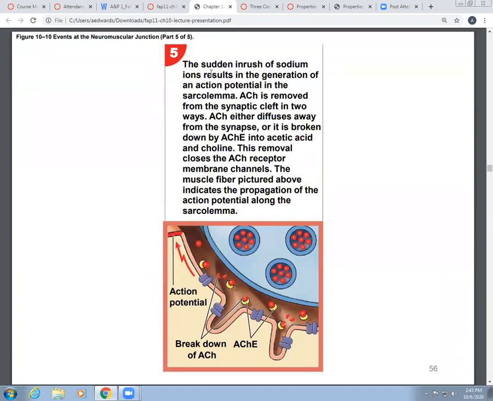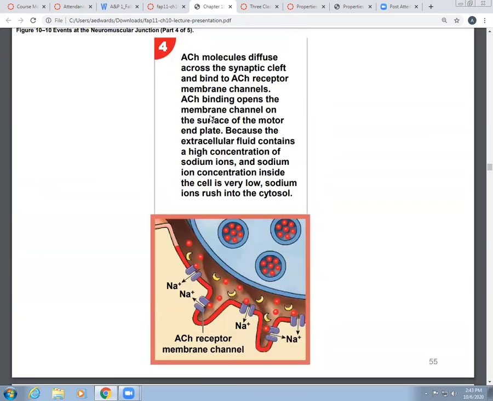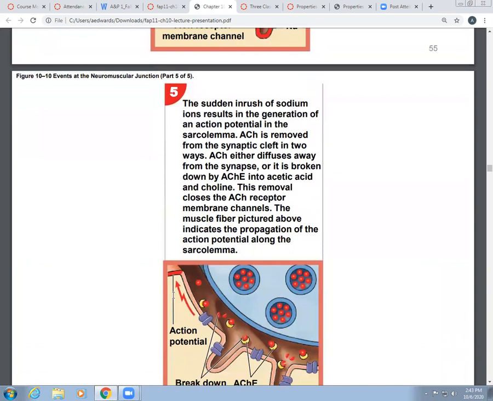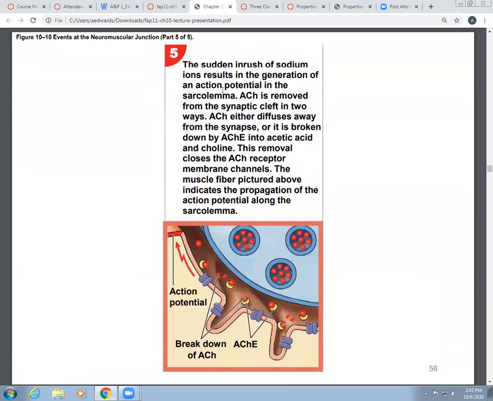All right, so once the sodium rushes in, you get an action potential, okay, you get depolarization. Then you have to have a way to get rid of the acetylcholine.